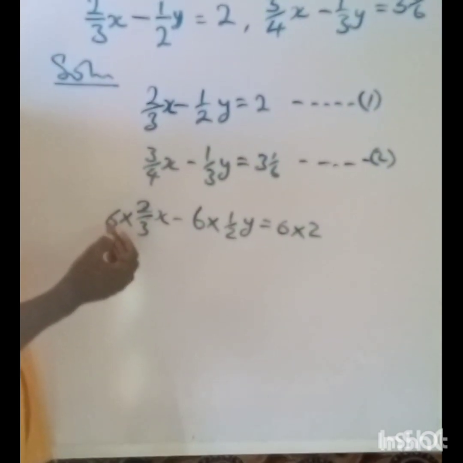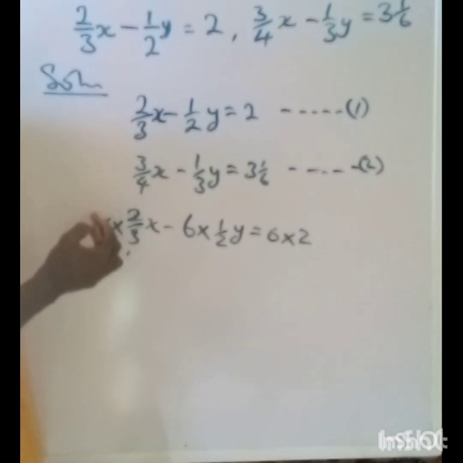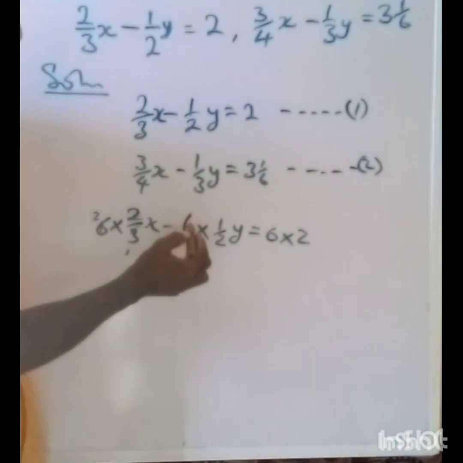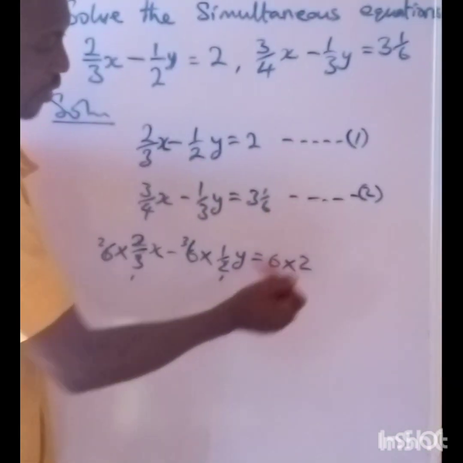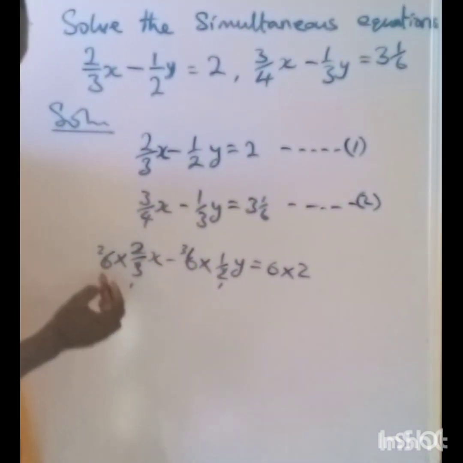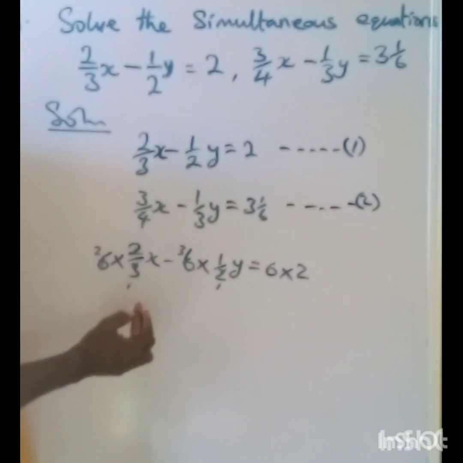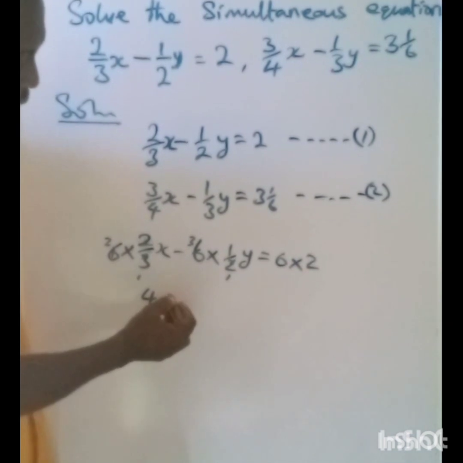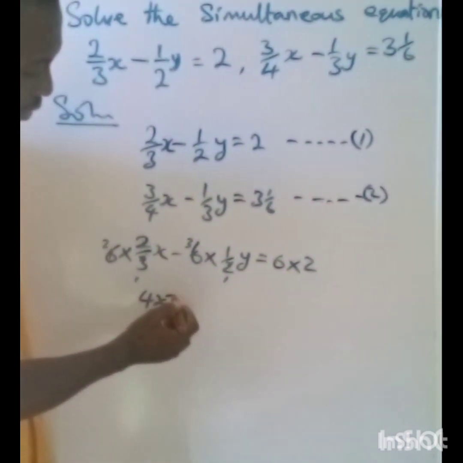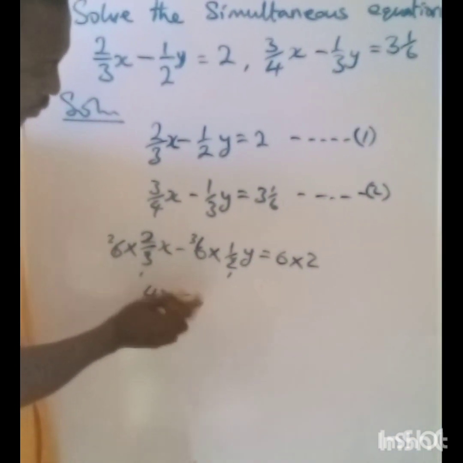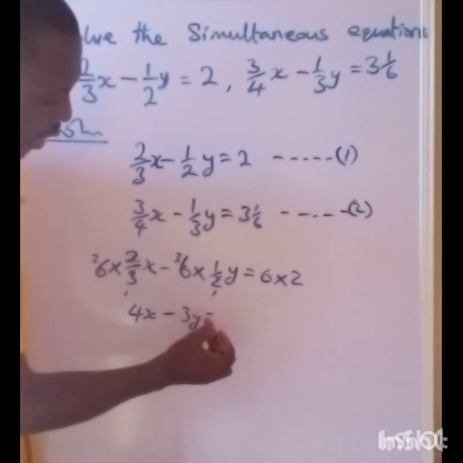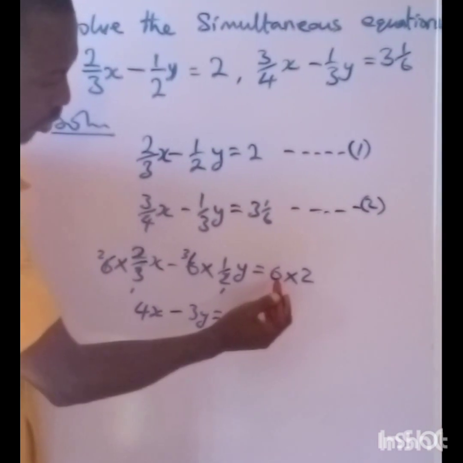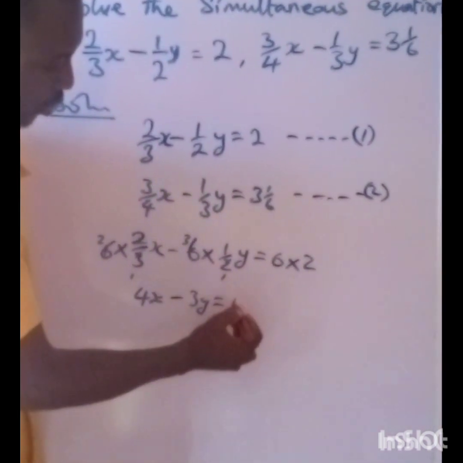3 here is 1, 3 here is 2, 2 here is 1, 2 here is 3, and 6 times 2 is 12. So 2 times 2 gives us 4x, minus 3 times 1 is 3y, equal to 12.